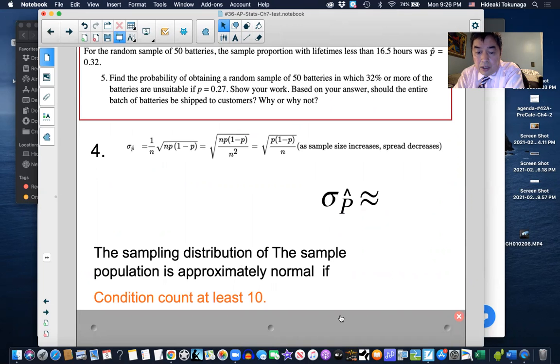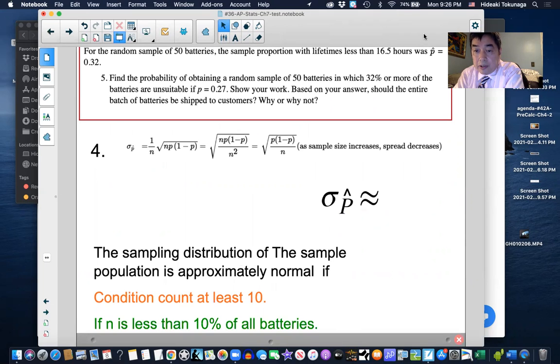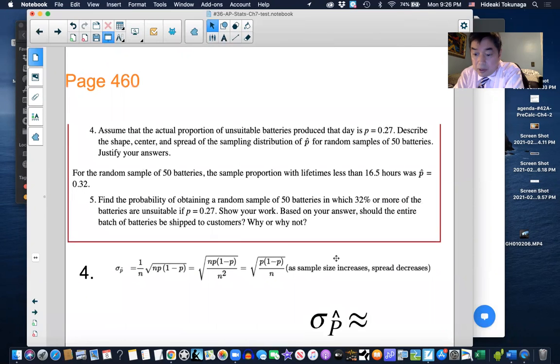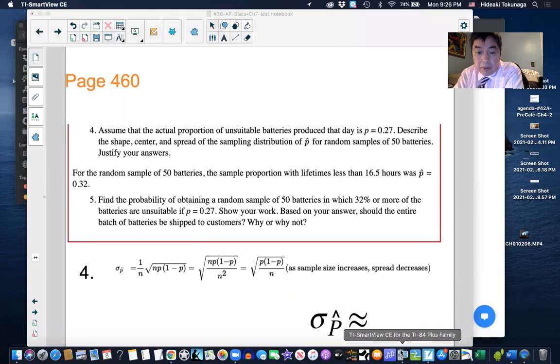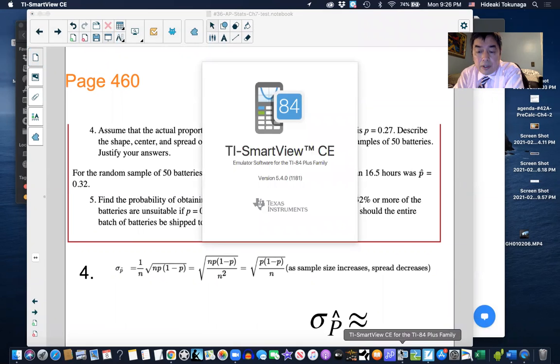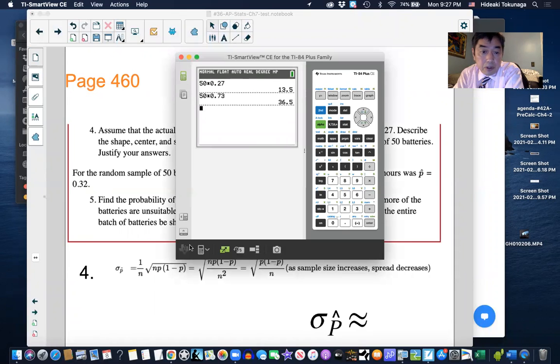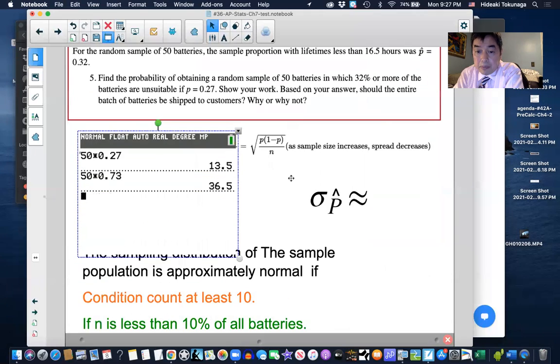Now, I highlighted this condition right here. So maybe I should cut and paste. Okay, so let's see again. This one is going to be cut and pasted here.